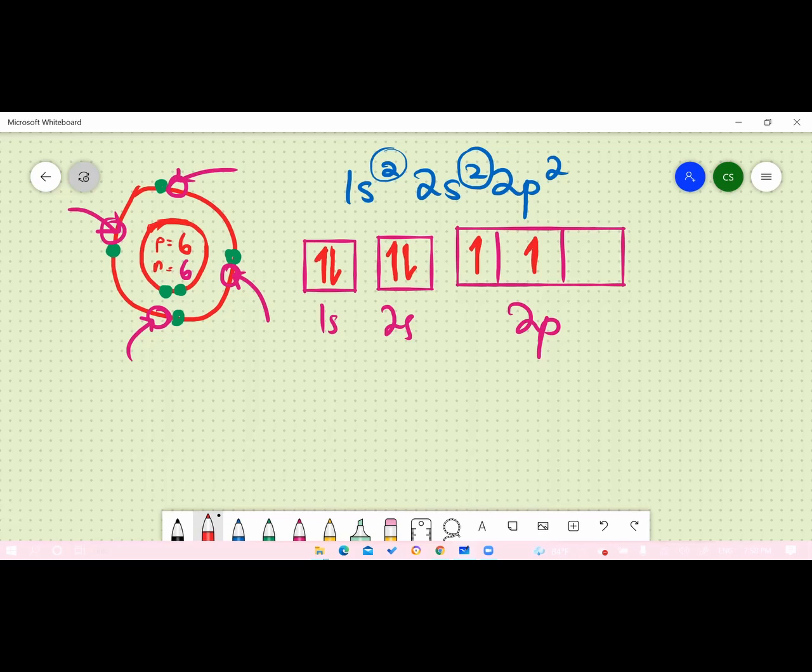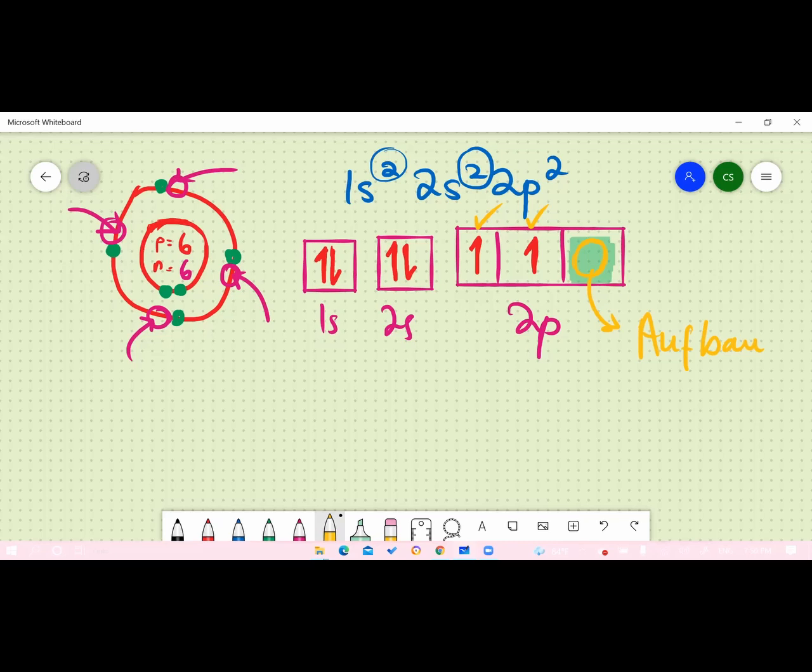Now, we don't see how carbon would be able to make 4 bonds here because this is completely empty. Then this would be eligible for pairing, right? But we can't just drop 2 electrons right here, because that would be opposing Aufbau's principle, right?